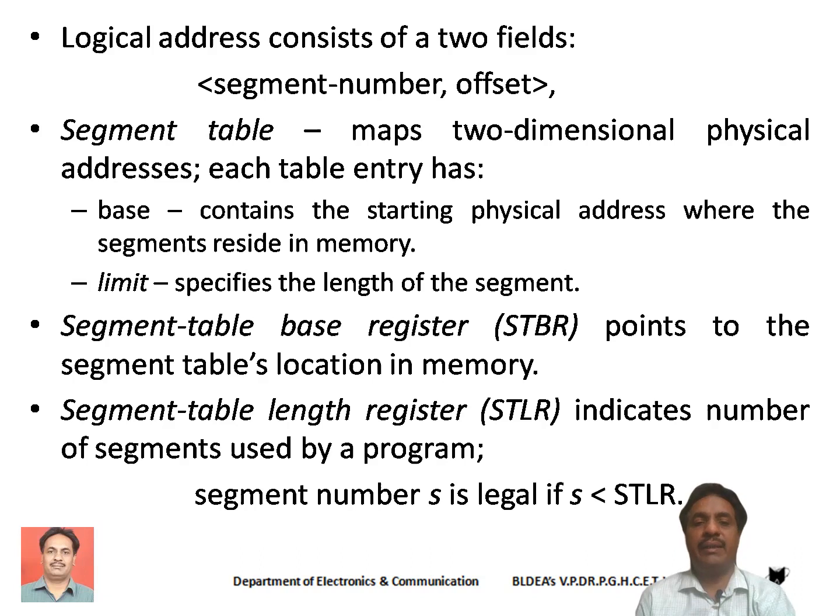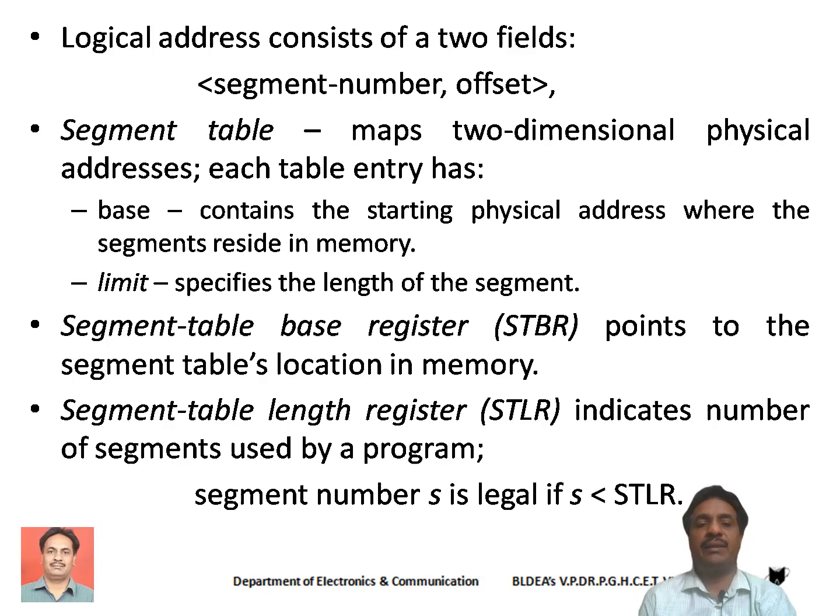The segment number indicates the number of the segment, that is first segment, second segment, and the offset indicates the particular location within that segment. Say, for example, if the segment number is 2 and the offset is 20, that indicates the 20th byte of segment 2. So the segment number indicates which particular segment, and the offset indicates the particular location within the segment.